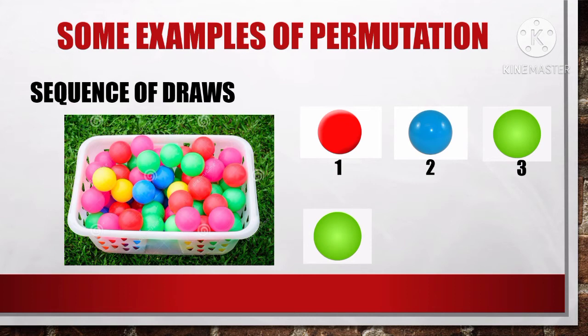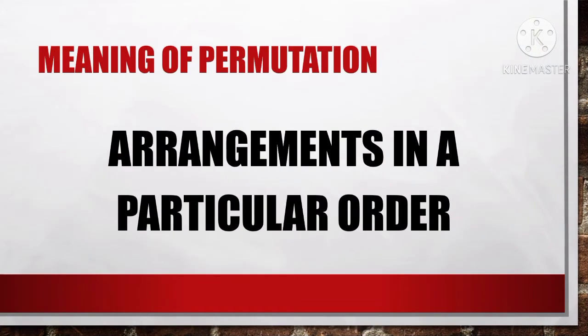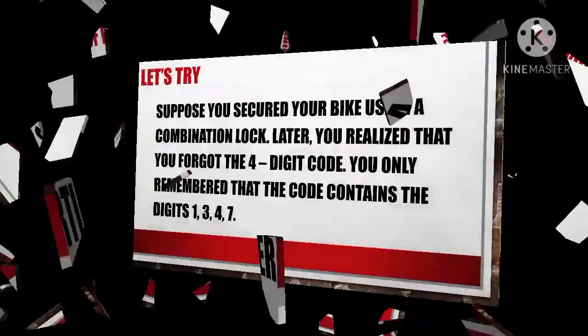Sa ibang usapan naman, kung green ang mauna, tsaka red, at tsaka blue, it's not in order. So, with all the examples given, permutation is an arrangement in a particular order, so meaning may exact number, may exact position.